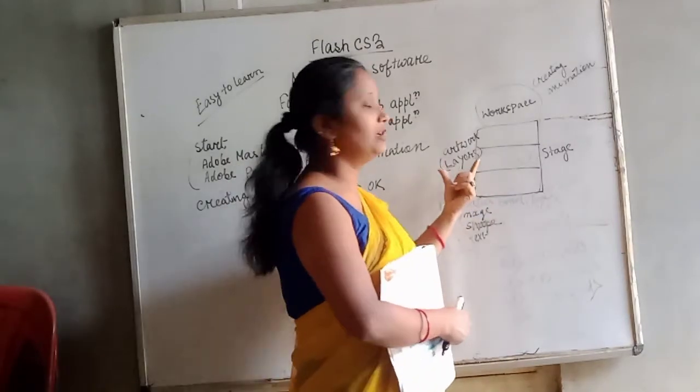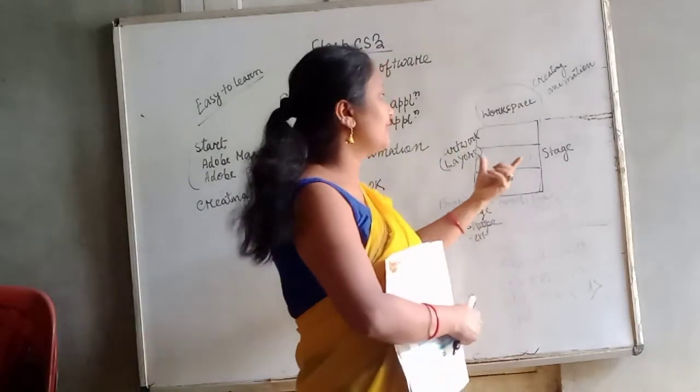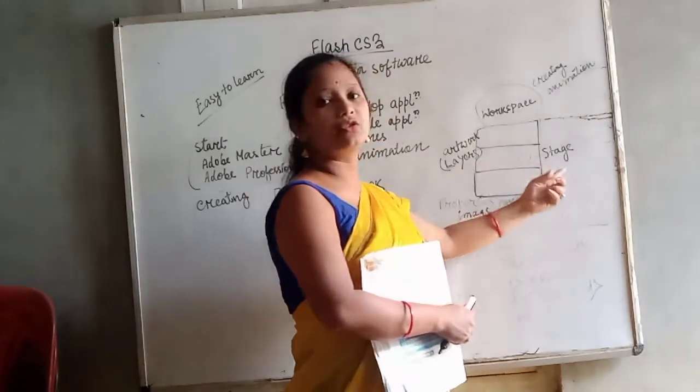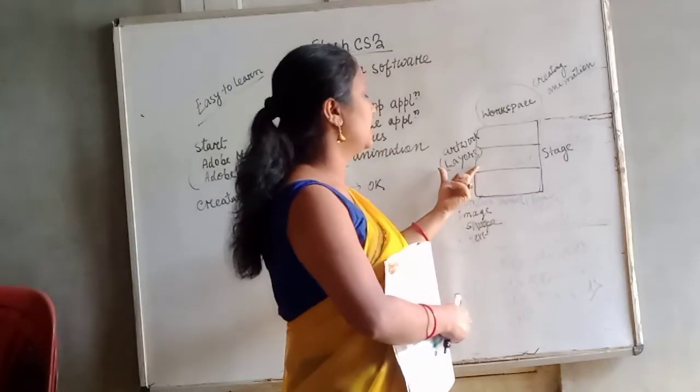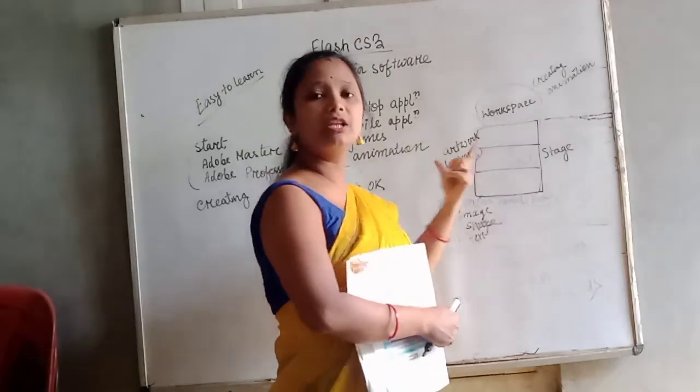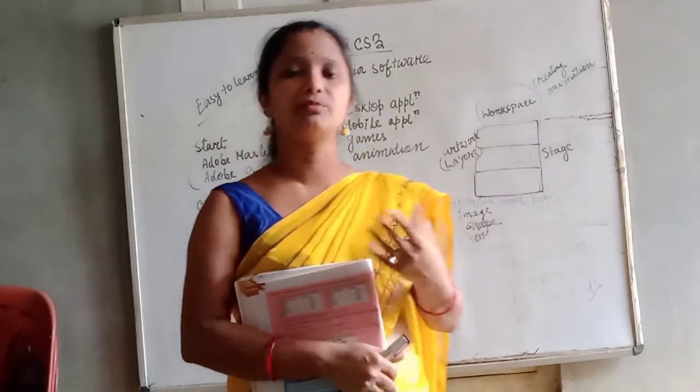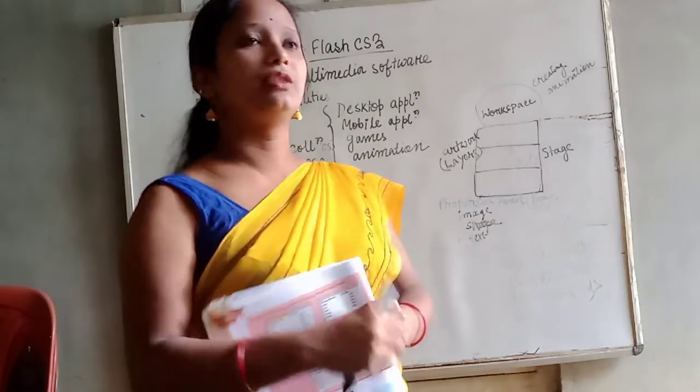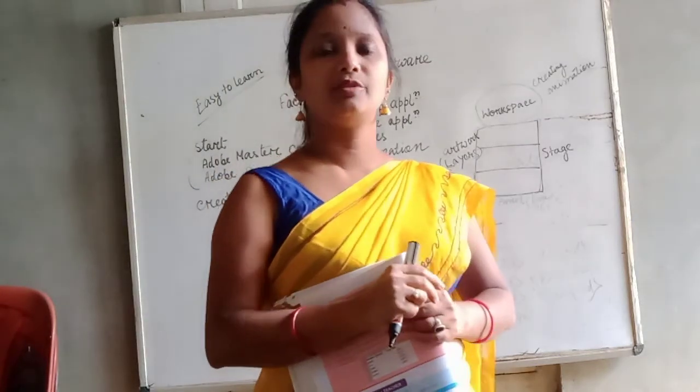There are so many things here. The middle part of the workspace is called the stage. And what are layers? They hold different types of artwork. Suppose in an SMS you want to insert a smiley, or decorate it, or send some pictures.